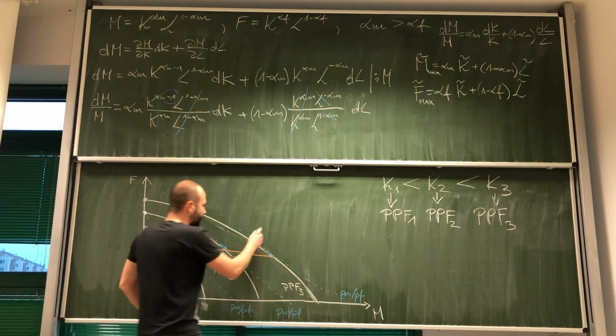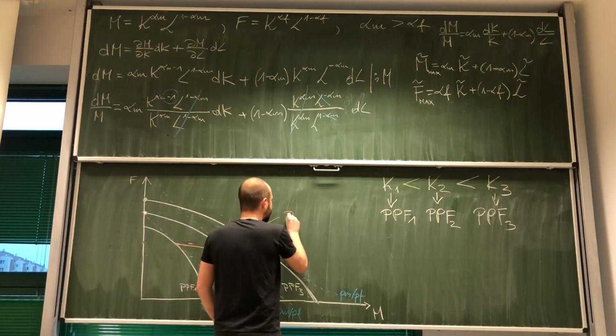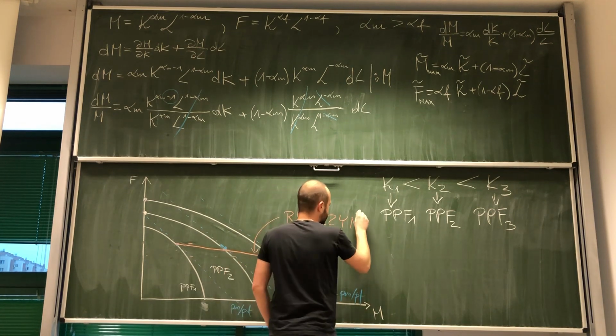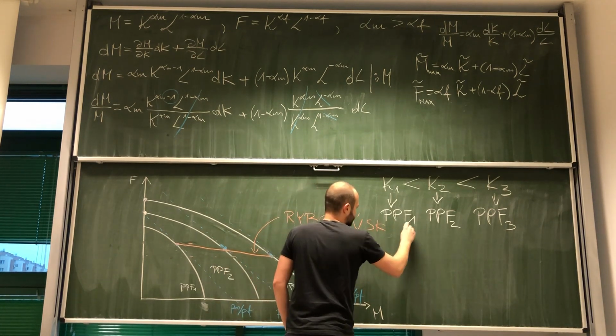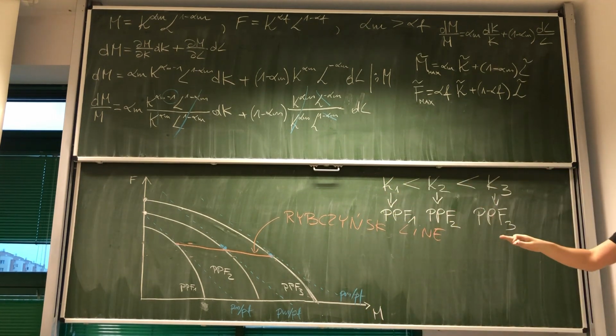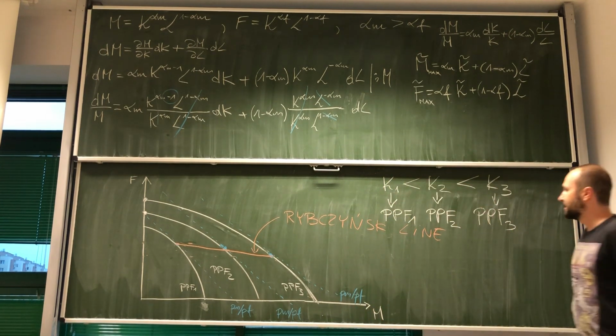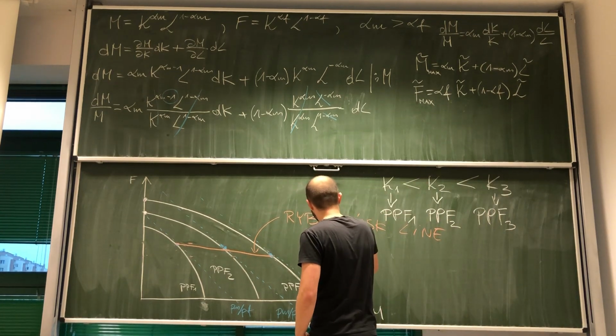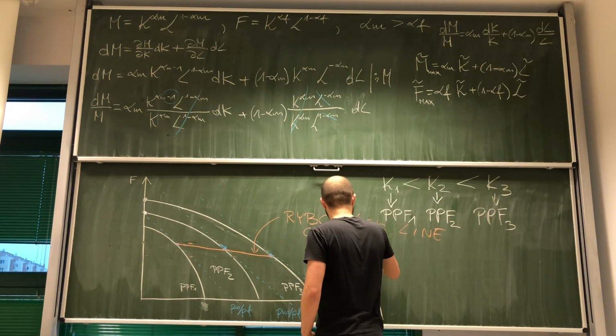And what you see over here is called a Rybczyński line. And to be precise, in this case, it is called Rybczyński capital line.